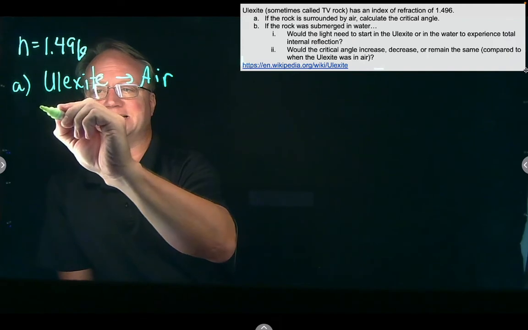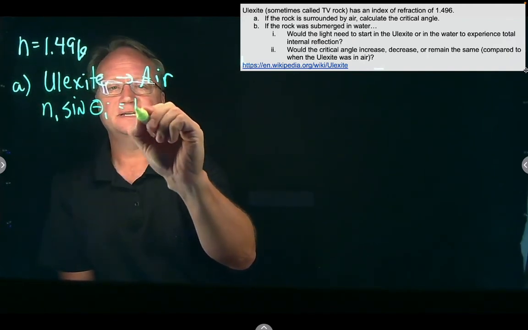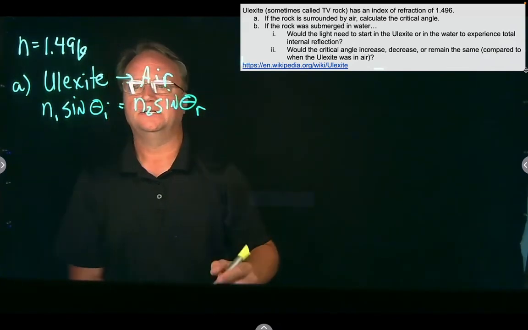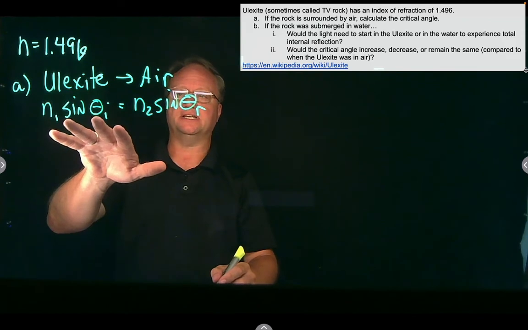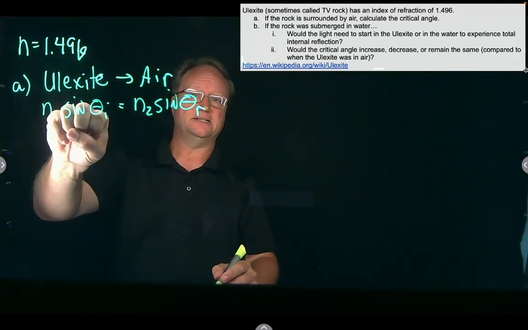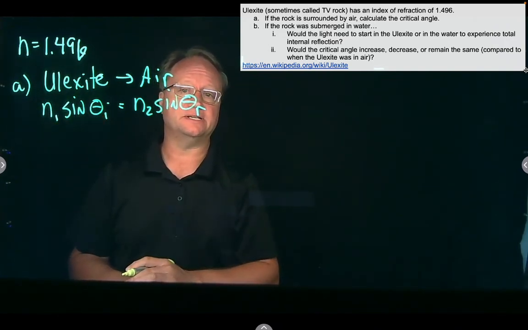So then in Snell's law, n1 sine theta I equals n2 sine theta R. We're starting with ulexite. It's going to be total internal reflection of the light in the ulexite. What we're calculating is the critical angle, where theta R is 90 degrees.